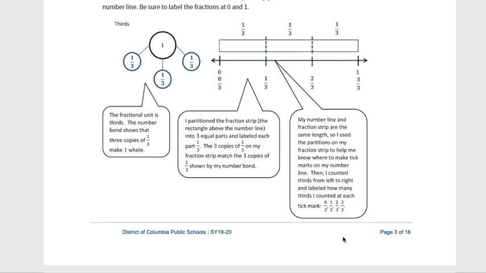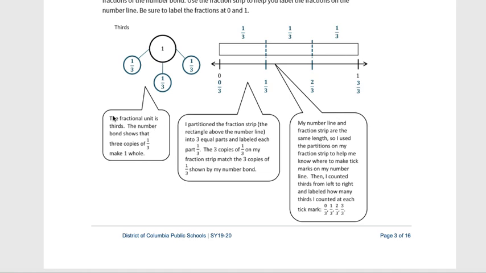I really need you guys to be paying attention to these word bubbles that they have. And the reason why is because it's really walking you through the thinking. It says, the fractional unit is thirds. The number bond shows that 3 copies of 1/3 make 1 whole, which is true because 1/3, 2/3, 3/3 equals 1 whole.